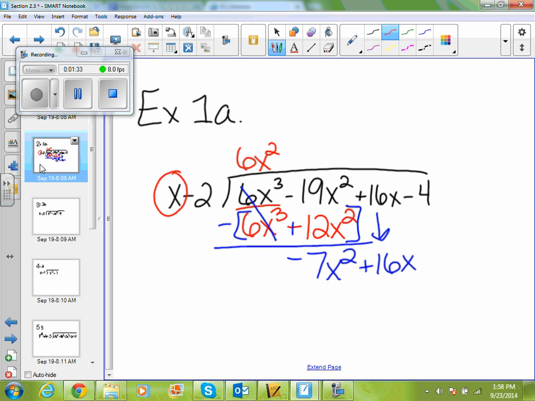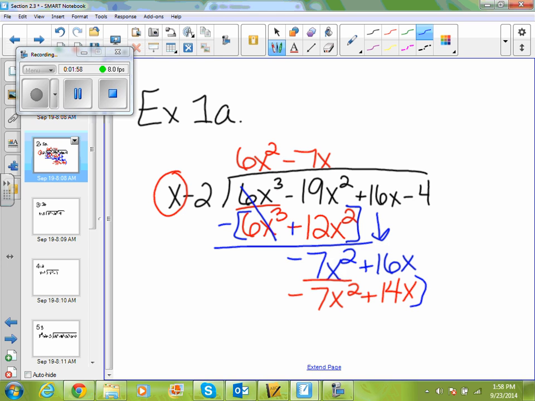Okay, so the next thing that we look at is how many times this x will go into this negative 7x squared. So minus 7x. So x times negative 7x is negative 7x squared. Negative 2 times negative 7x becomes a positive 14x.